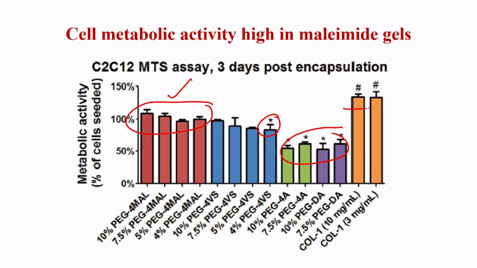And this is again just a collagen control. Collagen of course has a higher metabolic activity for these cells. These are C2C12, which are muscle myoblast cells, and even though the activity is not as good as collagen, compared to the other synthetic polymer chemistries, they have a much better metabolic activity.